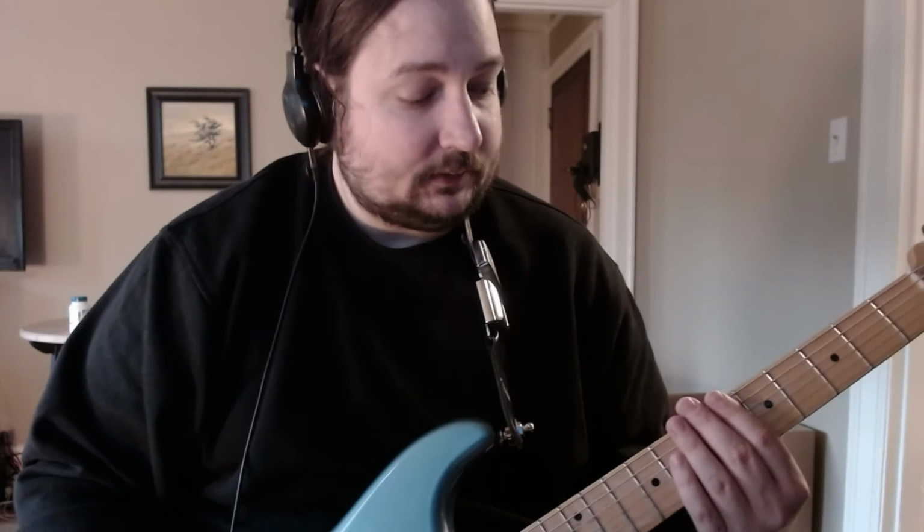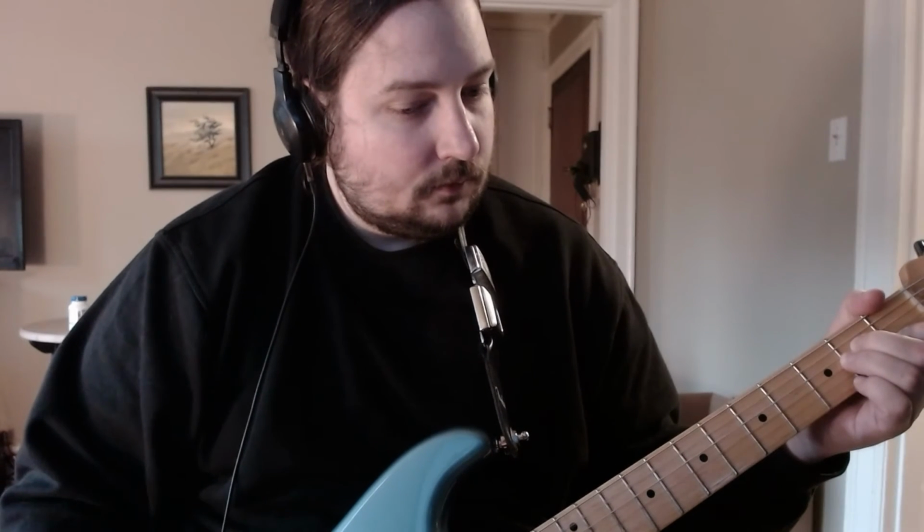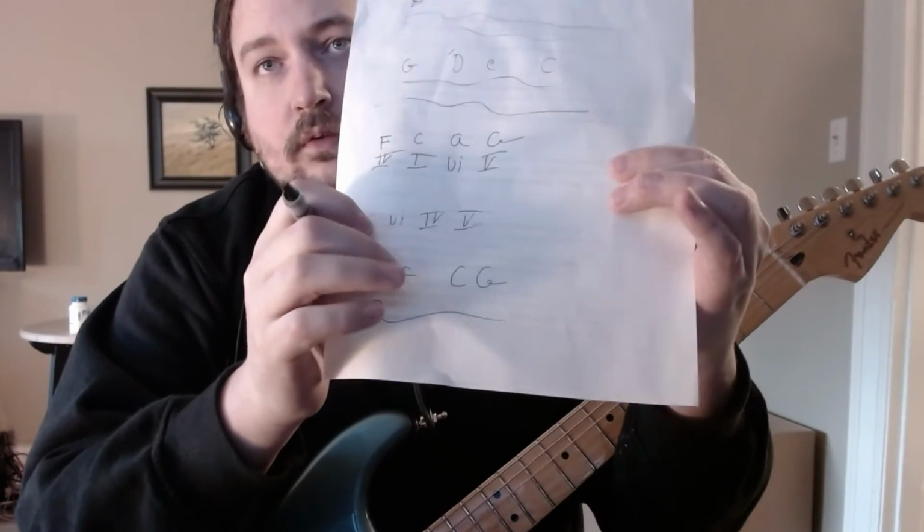Well, A is the 6th, so you think, okay, 6, 7 would be a B, root C. So here's my C, that's my number 1. A 5th of C is G. A whole step down from G is an F, so that's my 4. And then of course its relative minor is a 6. So now my chords look like this: 6, 4, 1, 5.